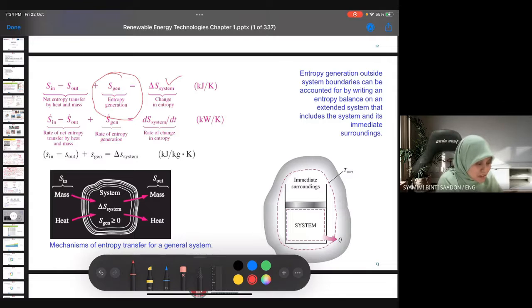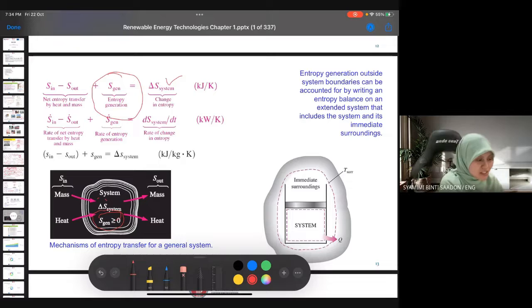For example, we have this system, this control volume. There will be mass transfer and heat transfer in and out of the control volume. So there is the change of entropy from outlet and inlet, plus the entropy generated.